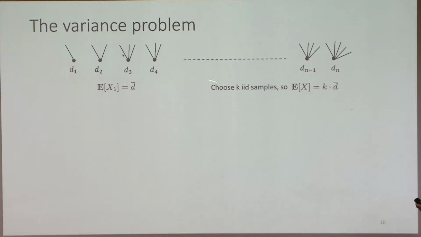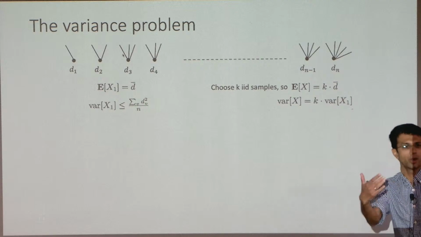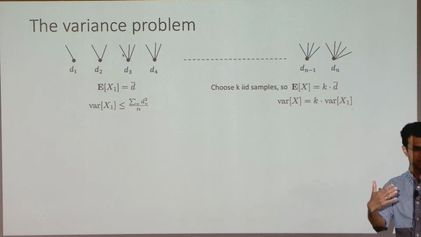And if I chose k IID samples, and I took their sum, which I'm just going to call capital X, it's poor notation, but bear with me. Then the expectation is k times the average degree, right? Just linearity of expectation. Okay. What about the variance? Well, if I look at the variance of x1, it's basically like the average sum of squares of degrees, right?